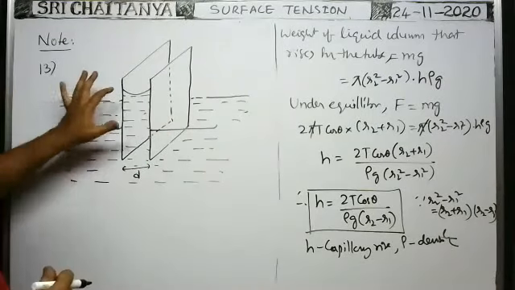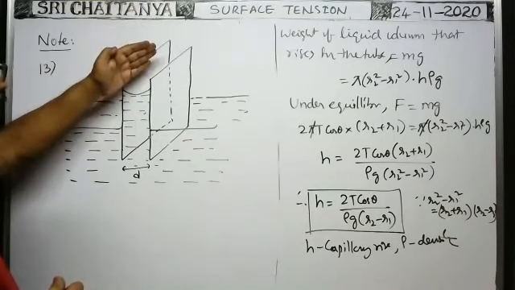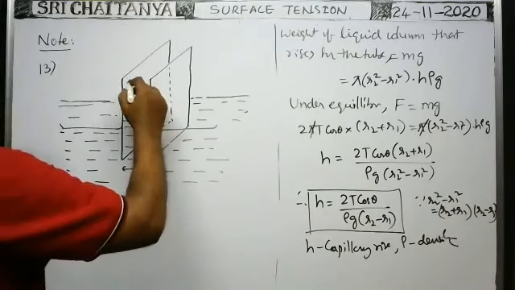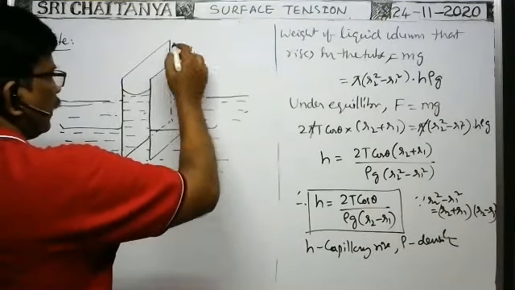Then, from the top, when you see the surface of the meniscus, it is semi-cylindrical.